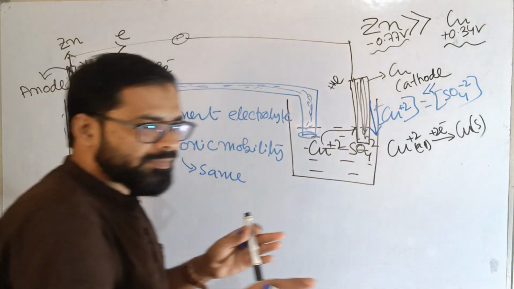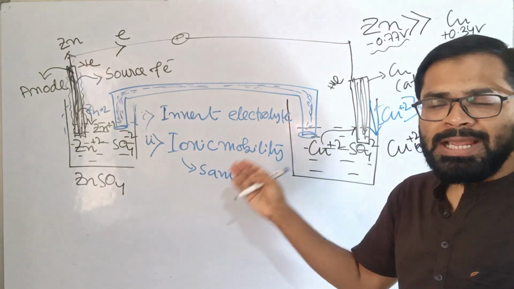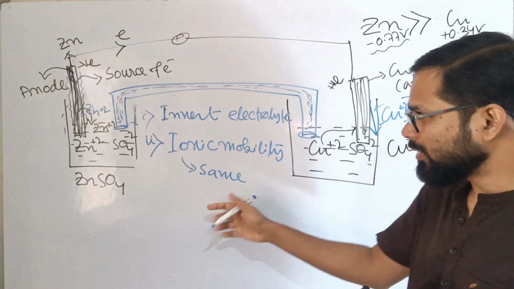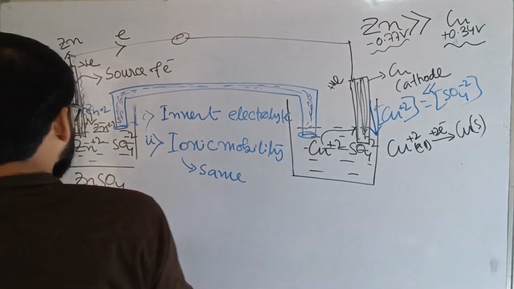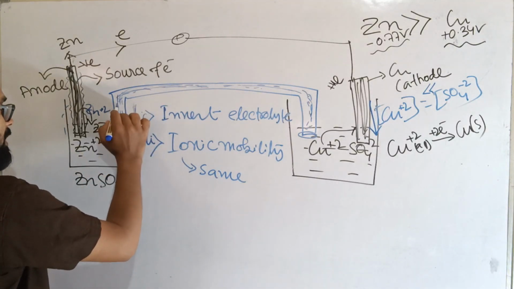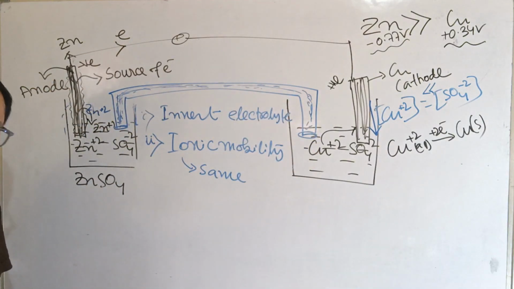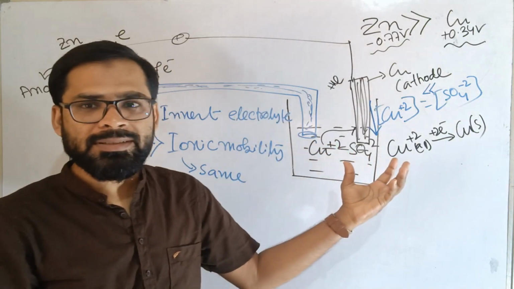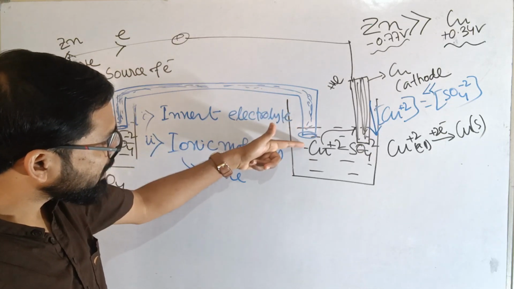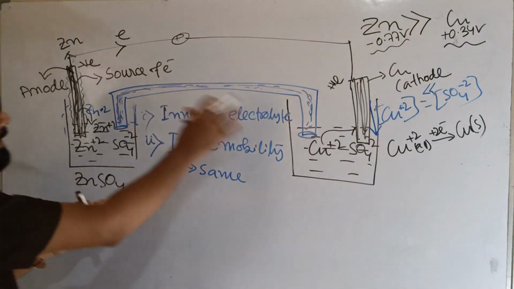If we consider two different ionic mobilities, let's say the cation has more ionic mobility compared to the anion, so if we use it here, what will happen? Here there is a higher positive charge. Through this salt bridge, the negative portion and positive portion pass at different rates, so there will be no electrical neutrality.